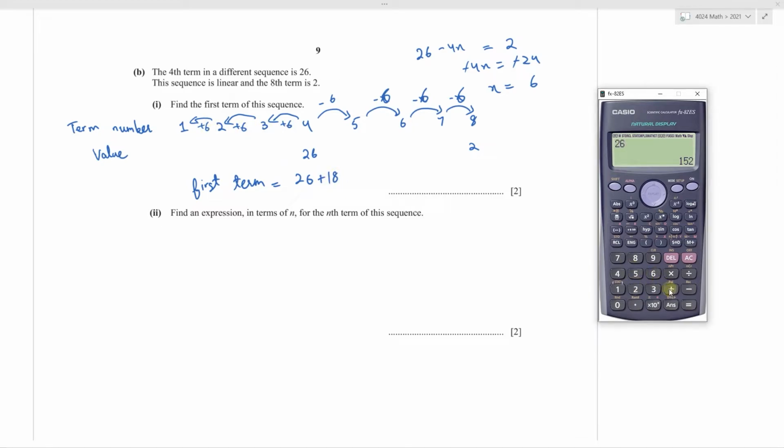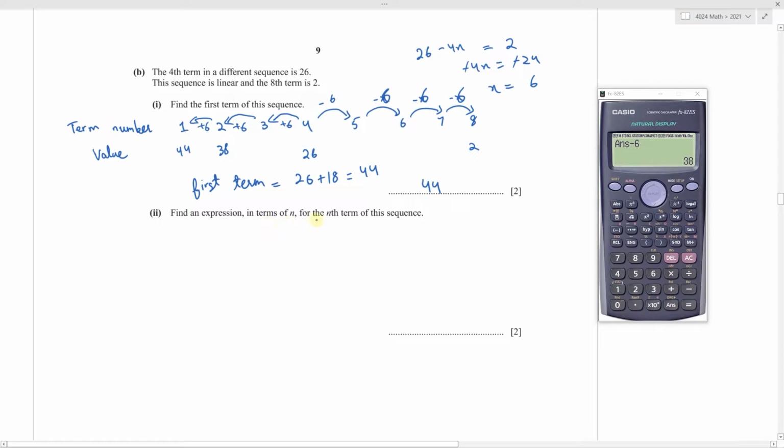So 26 plus 18 is 44. So the first term here is 44. This is 44. And then you're subtracting 6 each time to get the next term in the sequence. So 44 minus 6 will be 38, your second term, and so on.